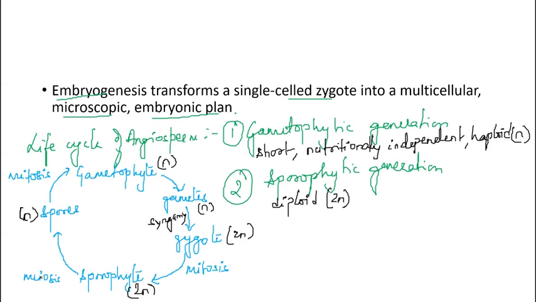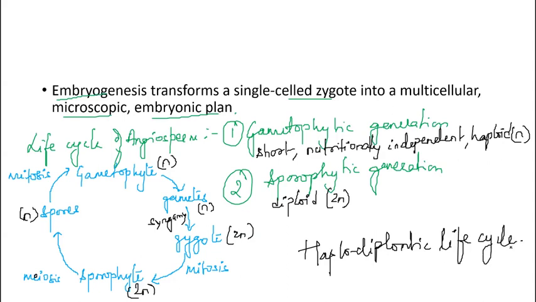See here the meiosis process is occurring. The spores will again undergo mitosis and form the gametophyte. So this life cycle is known as the haplodiplontic life cycle. Clear?